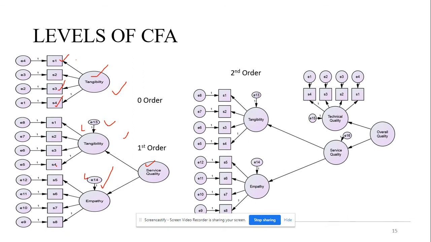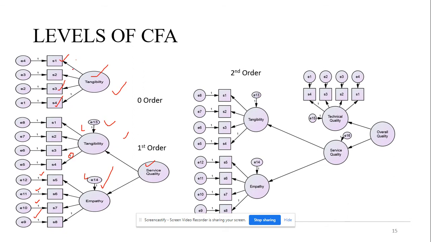You can see arrow coming in, error term, and all the error term regression coefficients are constrained to 1. And you see this relationship between the latent variable and the observed variables. Out of these four relationships, one regression path coefficient is constrained to 1.